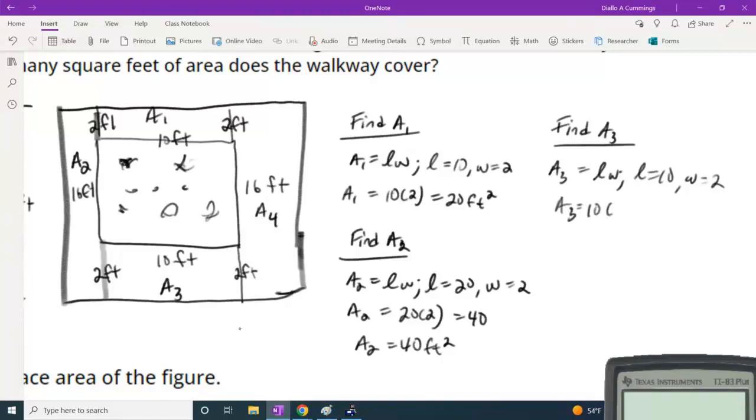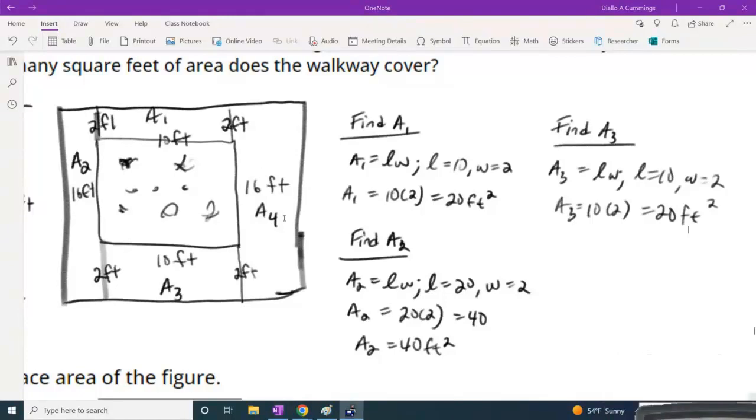So that's 10 times 2, which is 20 square feet. And I'm going to find the area of the fourth region. The area of the fourth region should be the same as the area of the second region, right?